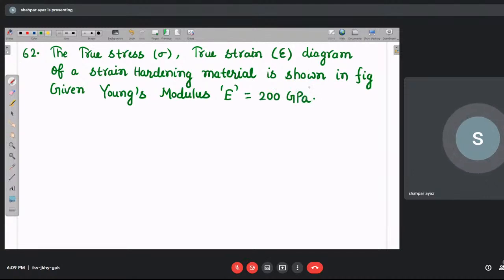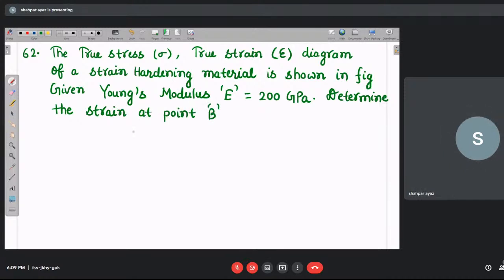Determine the strain at point B. Clear? The diagram is given to you.